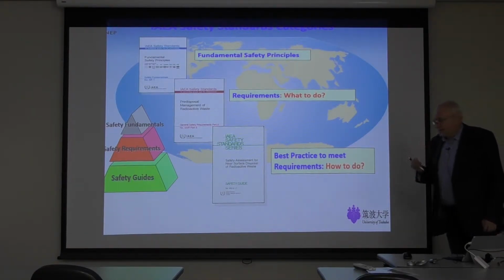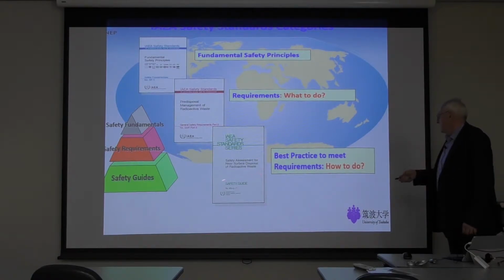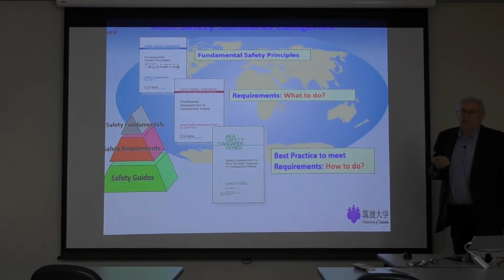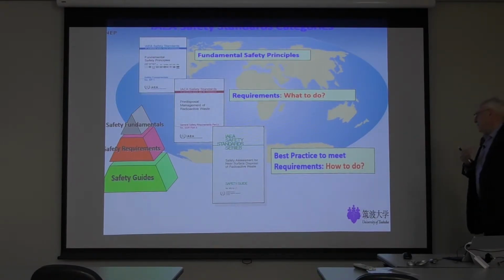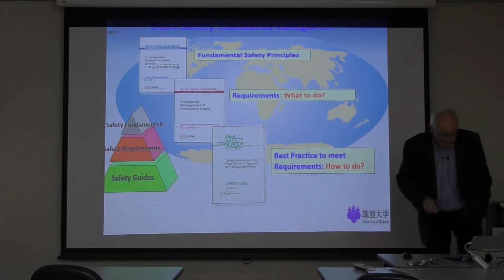And to give more guidance, there are the so-called safety guides, which give more detailed guidance on what to do for the application of a specific activity. And it is related to best practice, on experience made in member states, and to meet the requirements, how to do what the requirements request.